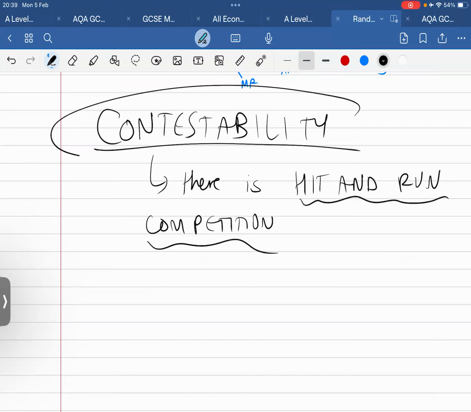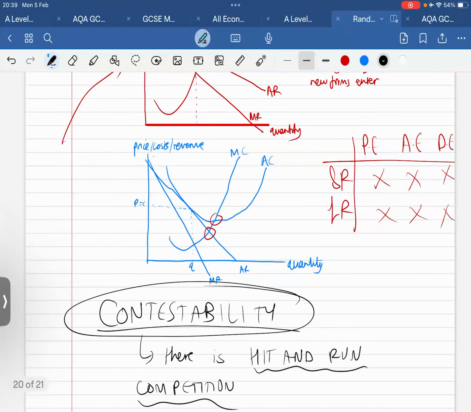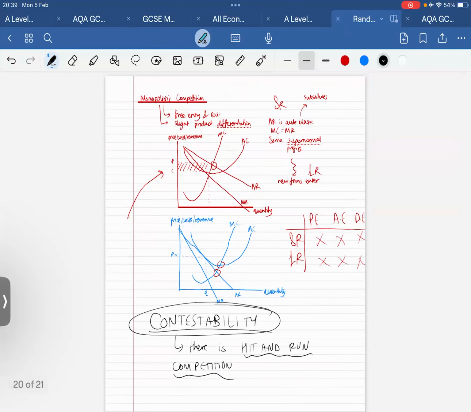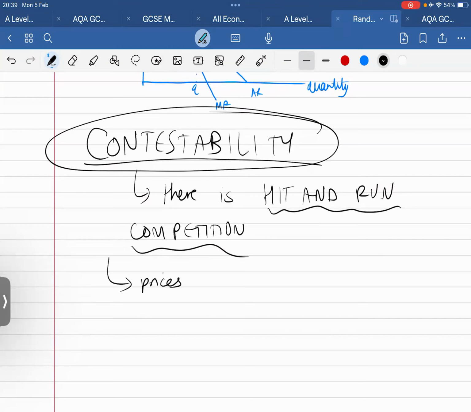Many people forget about this because monopolistic competition has none of these efficiencies, right? But there's nothing really wrong with the market structure. It doesn't hit these mathematically, but it's actually contestable because there's hit and run competition. And that means prices are going to be constantly lowered, in the short run and in the long run.